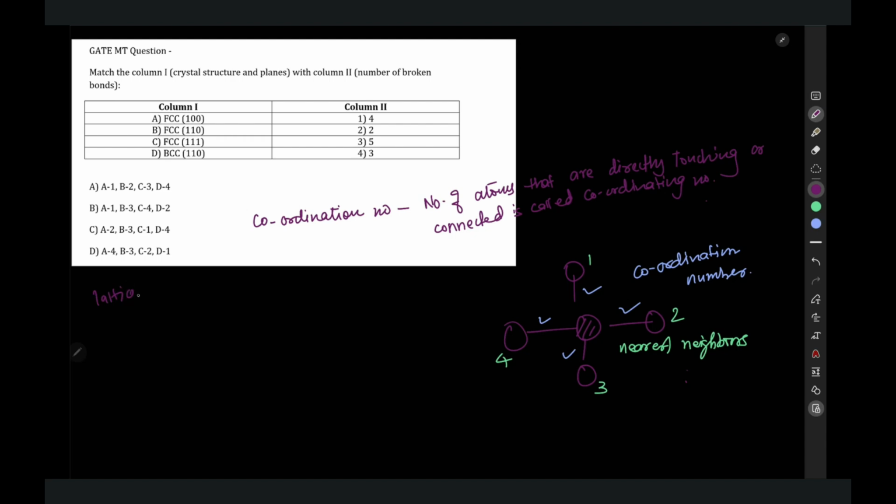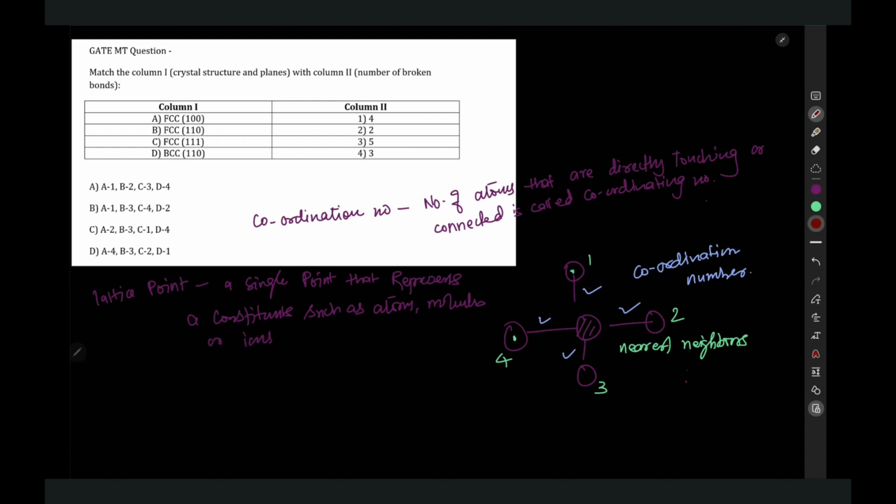Lattice point. A single point that represents a constituent such as atoms, molecules or ions.